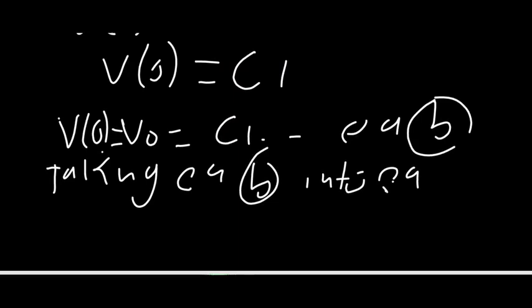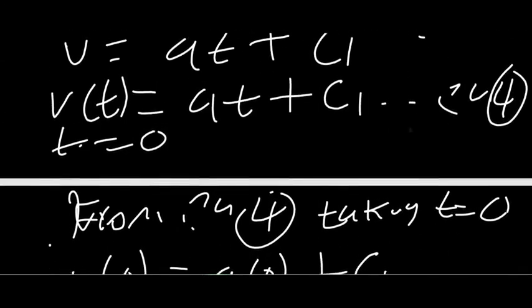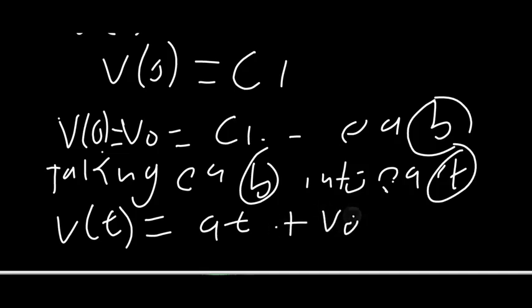Because we want to eliminate the constant to equation 4, so that is equation 4. So we get what? So if we substitute there, we're going to have Vt being equal to At plus V naught.